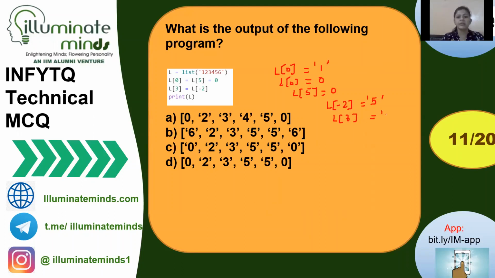Now L[0] and L[5] are numbers without quotes, the rest of them are with quotes. Hence the last one is the right option. L[0] is 0, 1, 2, 3, then we have L[-2] and the last one is 0.